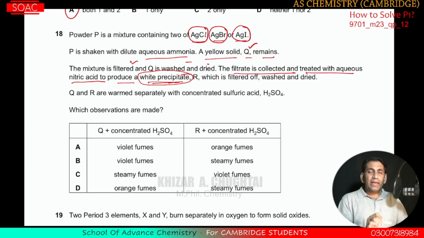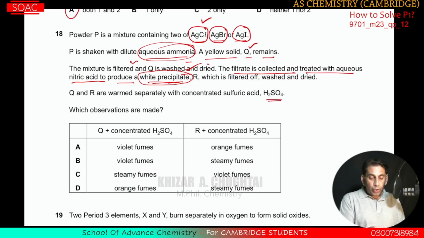The purpose of this nitric acid is to neutralize the aqueous ammonia present in the solution. So this is the reversal of the first step. Again, it's going to make white precipitate. The white precipitate belongs to AgCl, which is filtered off, washed and dried. Q and R are reacted separately with concentrated sulfuric acid.